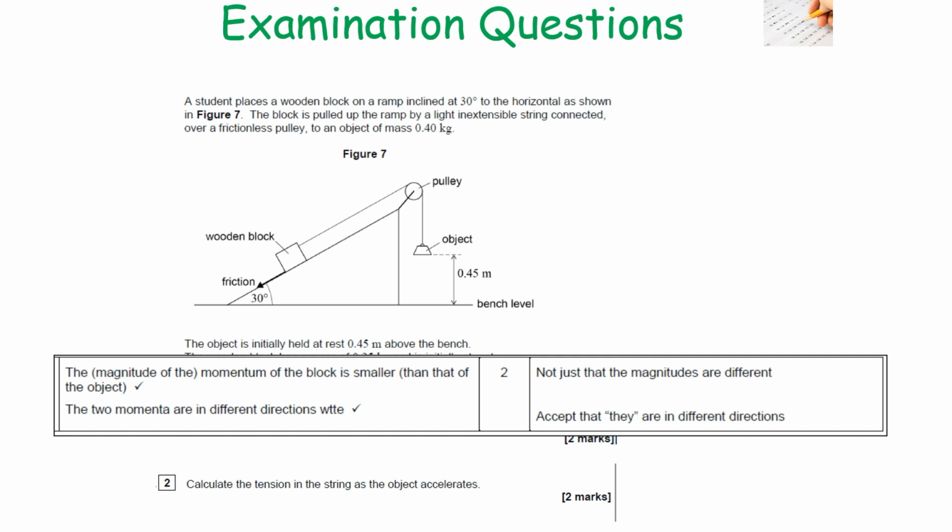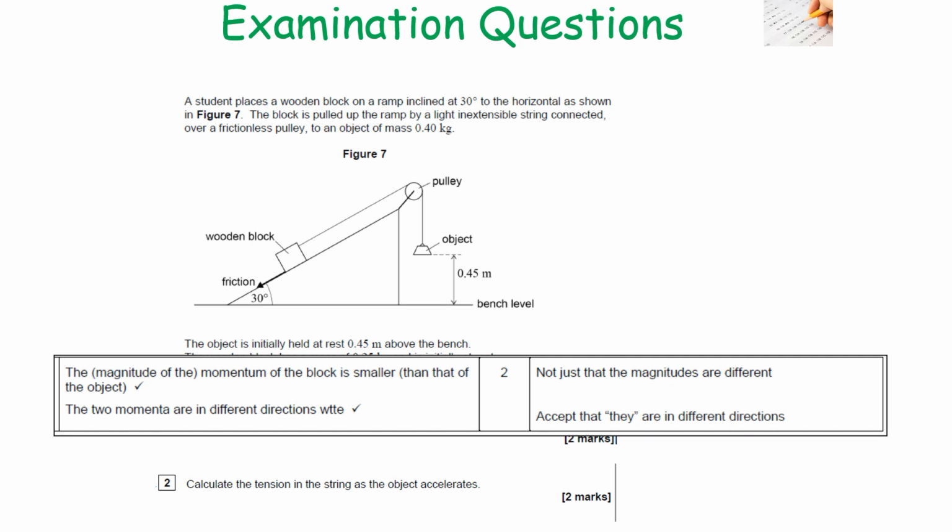Now, how do you calculate the tension in the string? It's important to note that if you look at the situation, the object is pushing down on the string and producing a force of mass times acceleration, because F equals ma, it's accelerating downwards, so we can say the force produced is ma. But what about in the other direction?